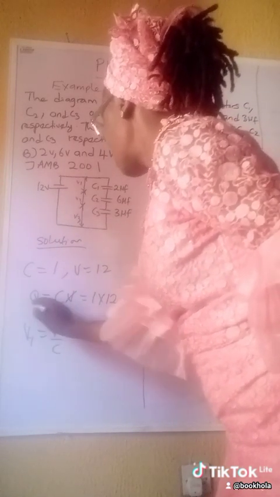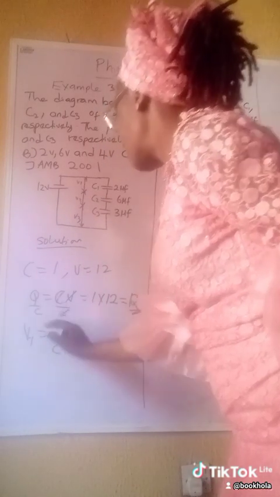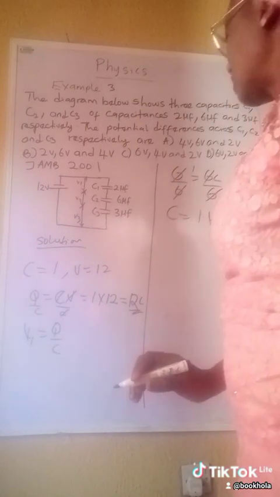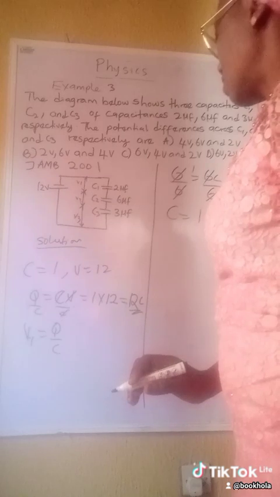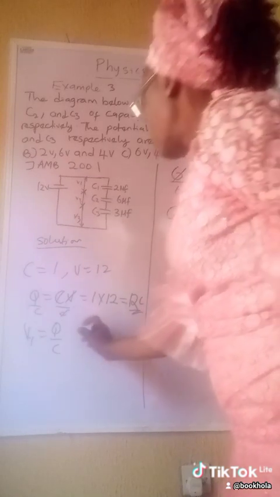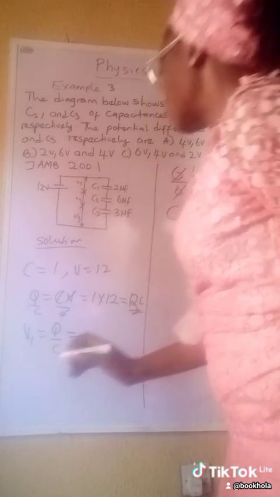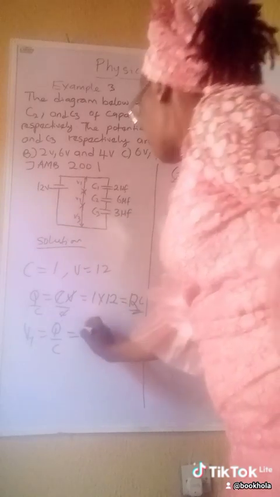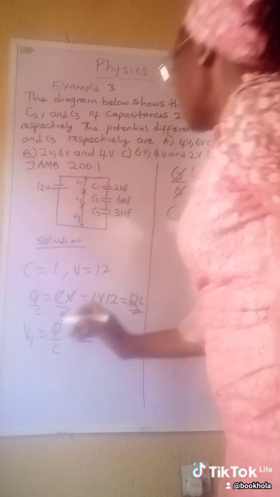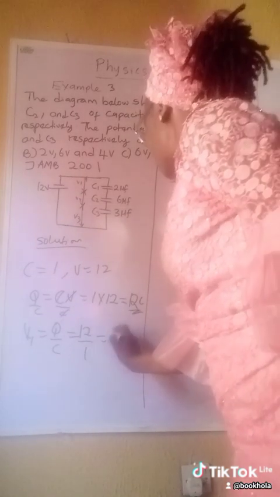So V is equal to Q over C. If we have this, Q is equal to 12, divided by C, we have 1. We have 12 volts.